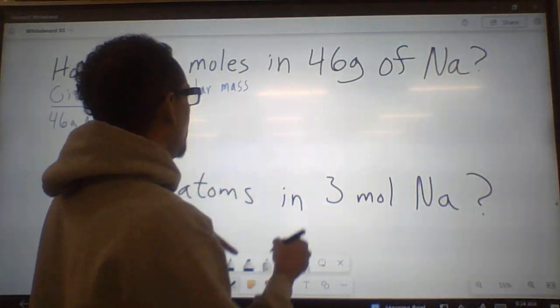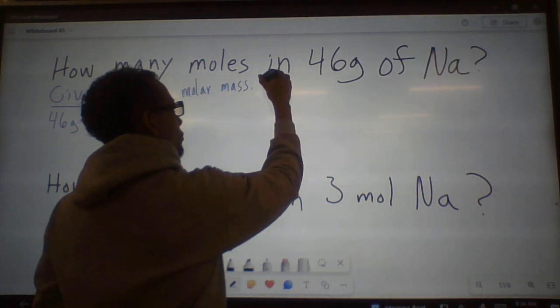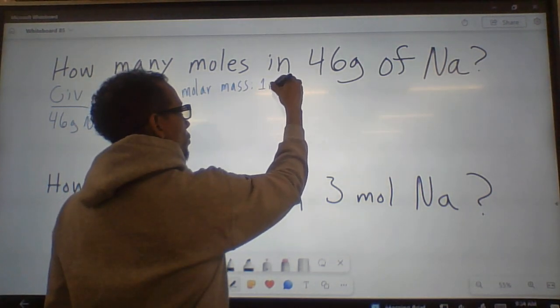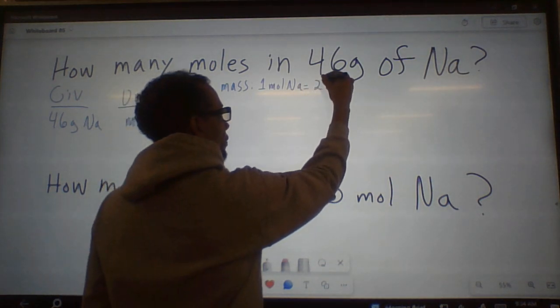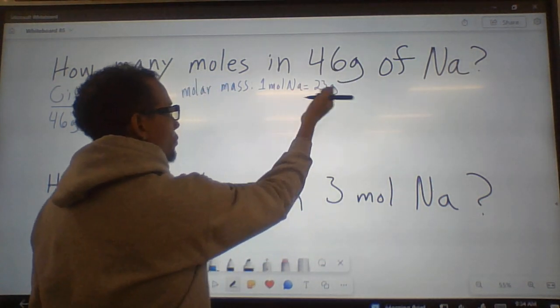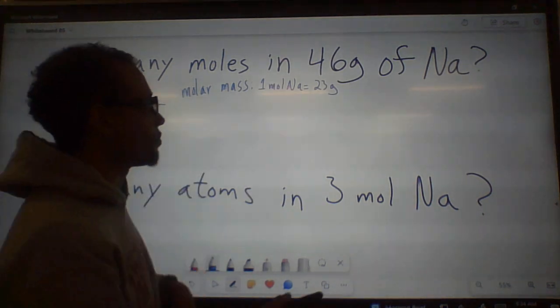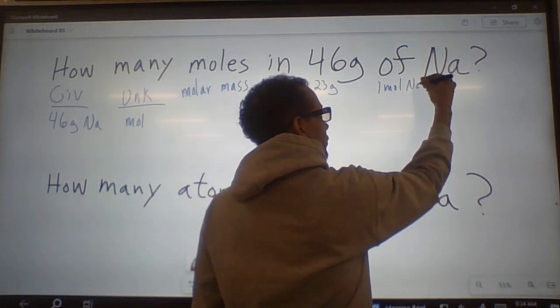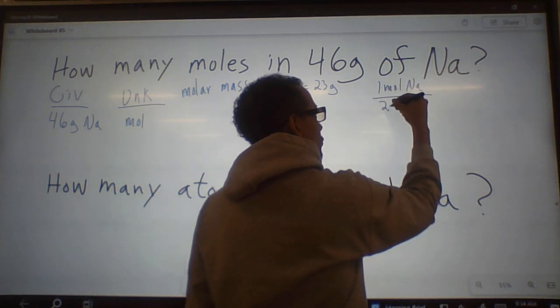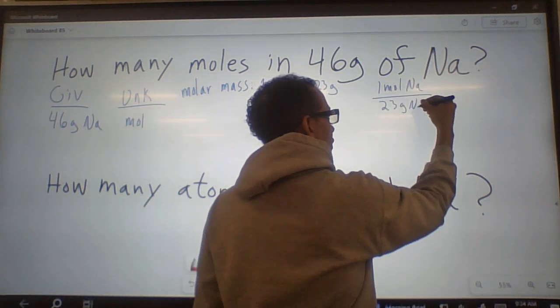So for molar mass, for every 1 mole of sodium, that's going to be equal to 23 grams. All right, so this is an equality. I can use this as a ratio as well. 1 mole Na is equal to 23 grams of Na.